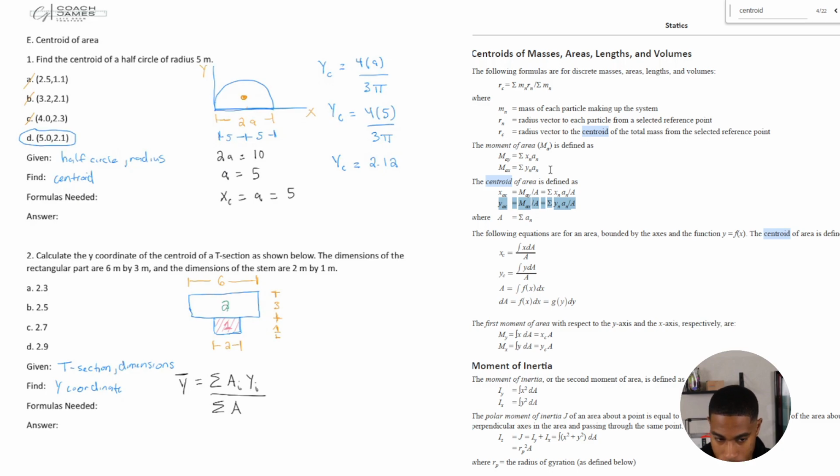Okay. So what is the area of piece 1, right? The area of piece 1 is going to be 2 times 1, right?